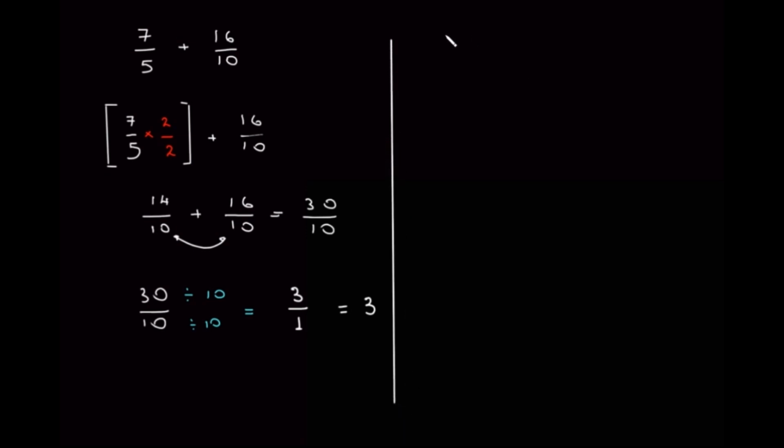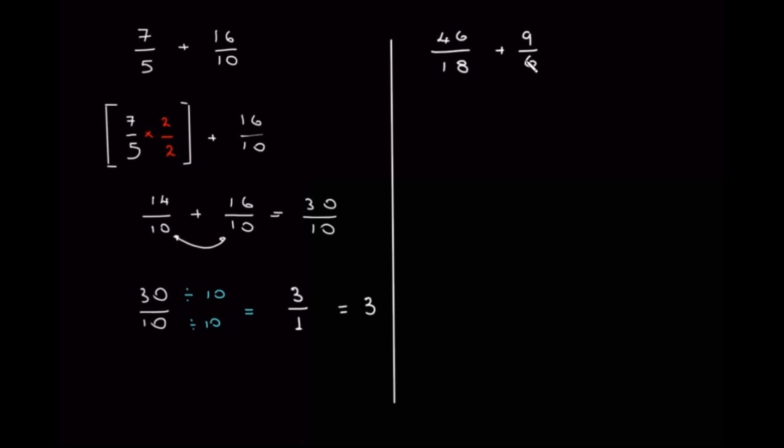Suppose we have 46 over 18 plus 9 over 6. Now again, notice the top numbers are greater than the bottom numbers in both cases.